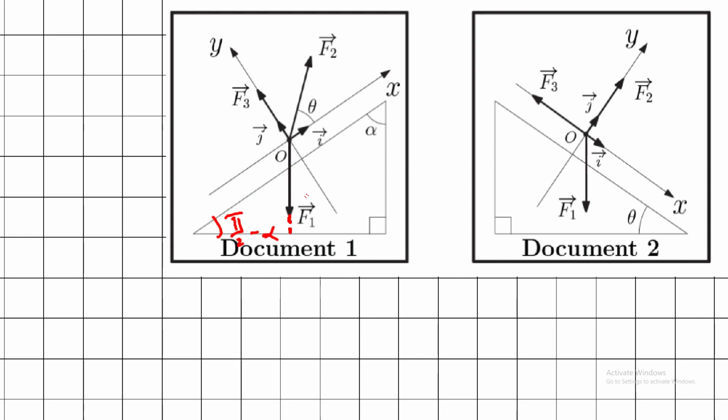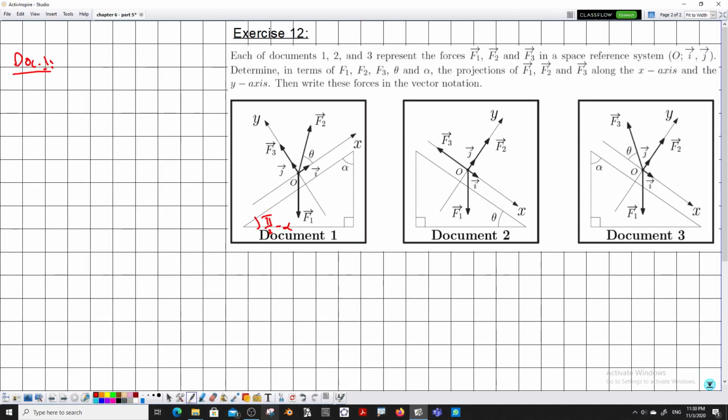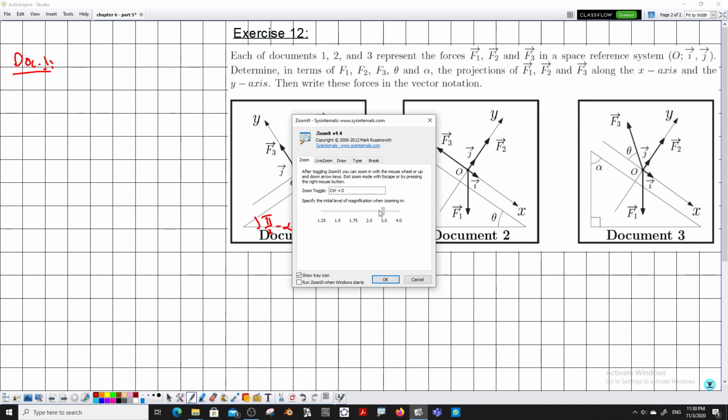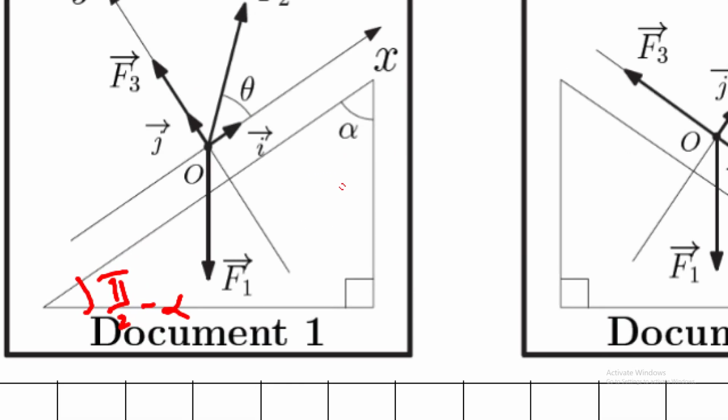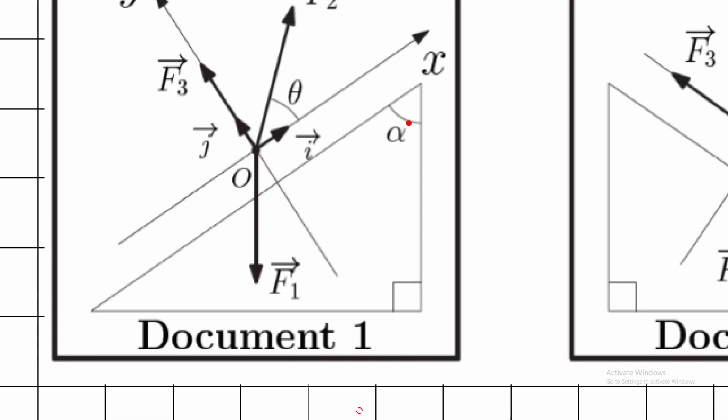Because if we prolongate this line and label these points, let me make it clear. So if this is alpha, then this is pi by 2 minus alpha.